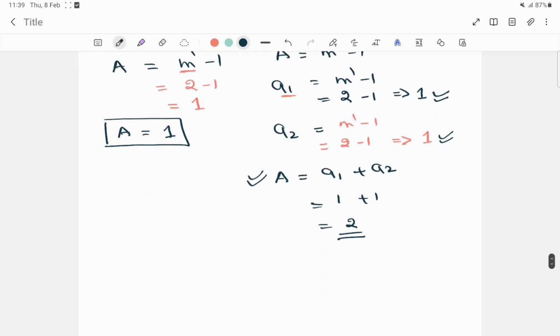Now I'll solve one problem for finding the degree of static indeterminacy in case of the beam. Okay, these are the examples. So now suppose it's a beam and both the ends are supported, it's a hinge support. Here 2 internal hinges are also present, and we have to find the degree of static indeterminacy here.